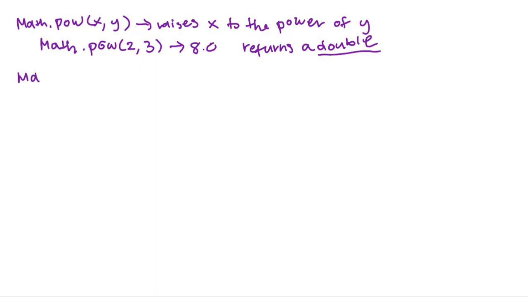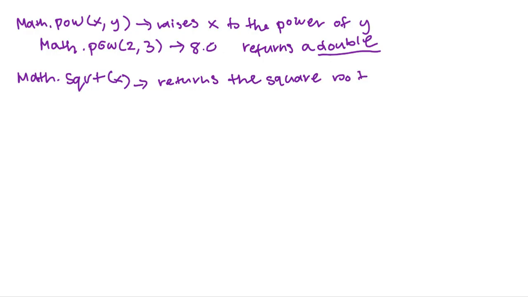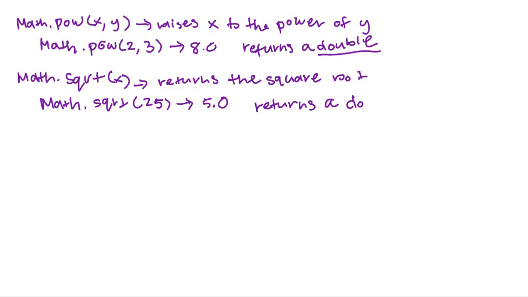If we have math.sqrt, it returns the square root. So if we had math.sqrt 25, we are returning 5.0, because it also always returns a double.